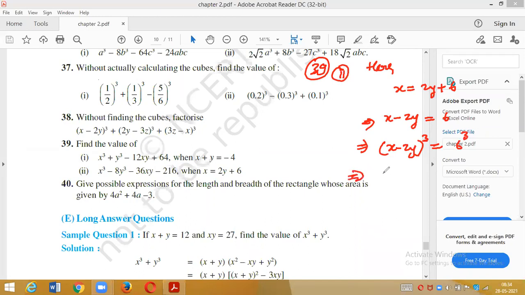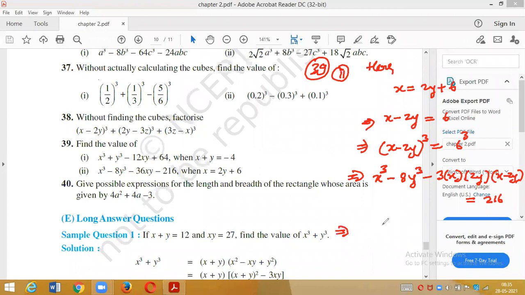Now x minus 2y whole cube is nothing but x cube minus 2y whole cube, which is 2 4s are 8y cube, then minus 3xy, 3 into x into 2y in the bracket, x minus 2y is equals to 6. 6 6s are 36, 36 6s are 216.